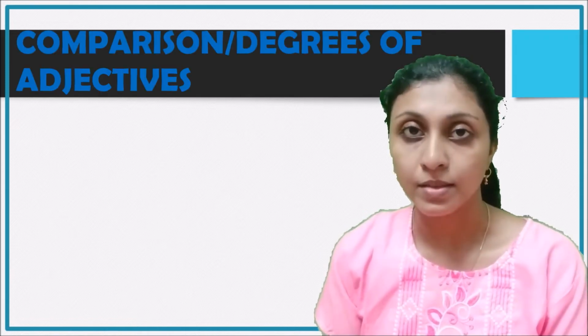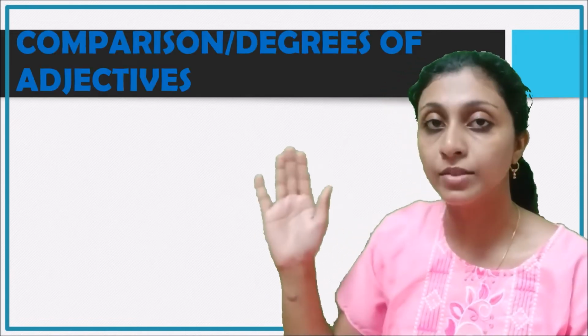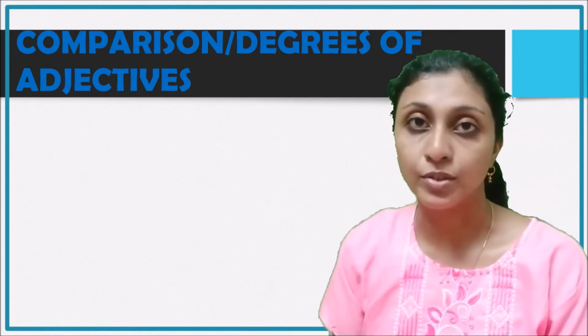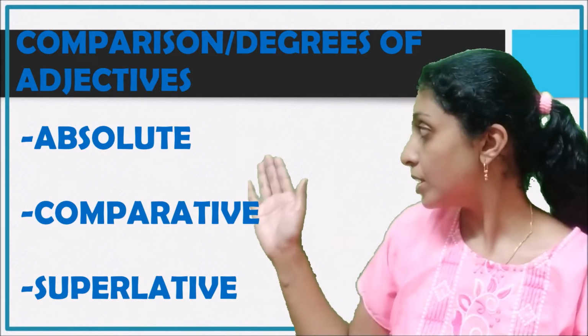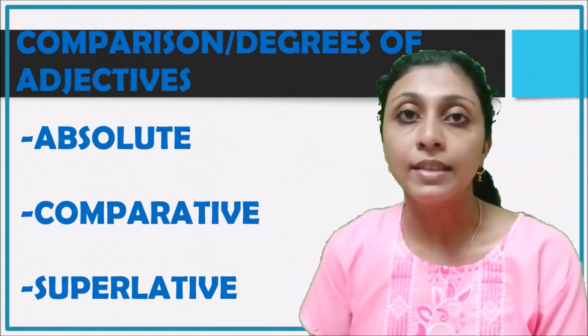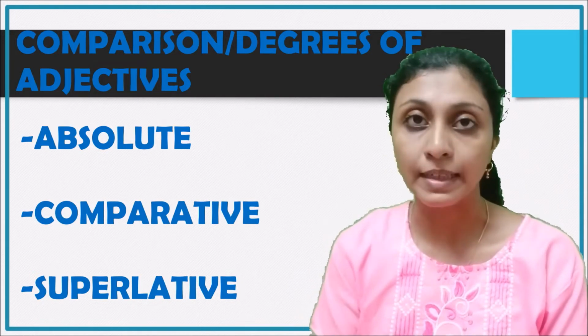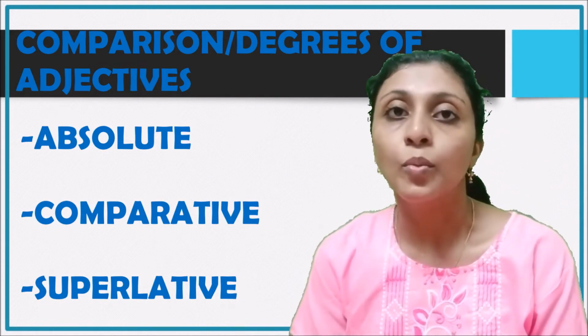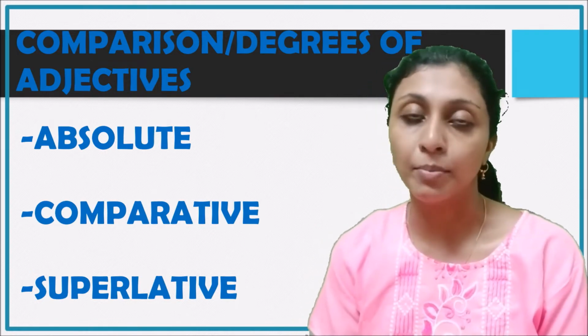The final property which we are going to discuss is comparison. It can also be referred to as the degrees of adjectives. There are three different degrees of an adjective: the absolute, the comparative, and the superlative. In these three cases, we use them differently. The first case, which is absolute, is used when there is no comparison happening.